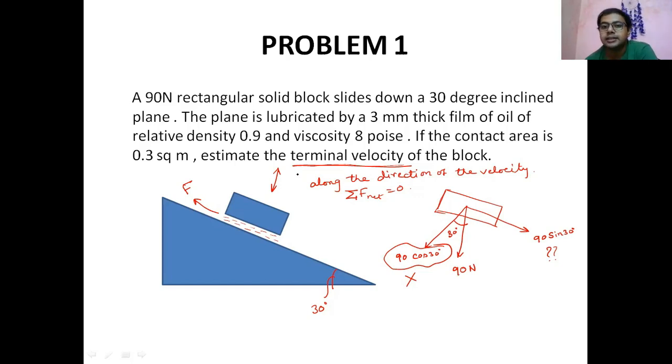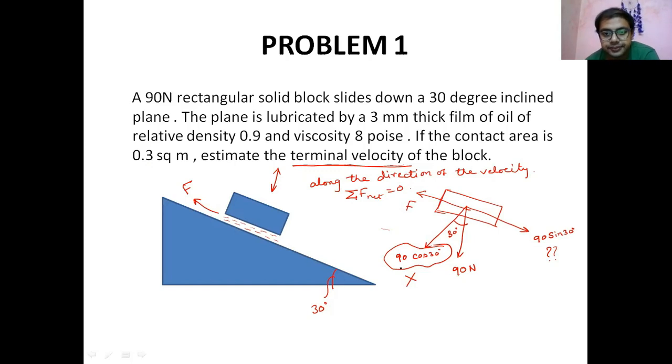That's why it is telling that there is some force along the velocity. The velocity is along the inclined plane, so along the inclined plane, all forces are balanced.